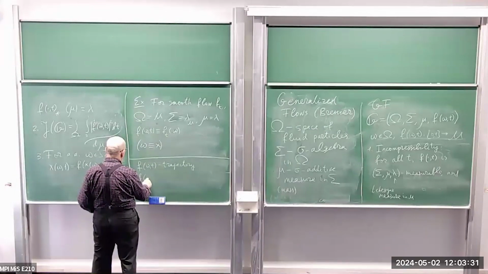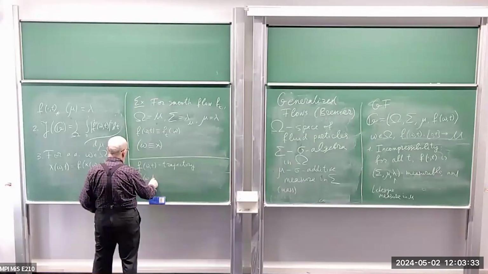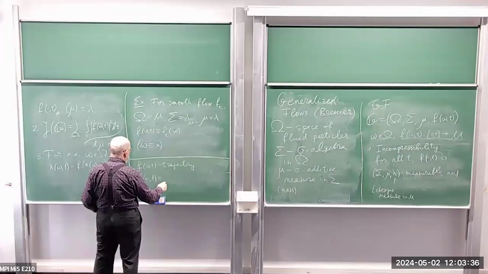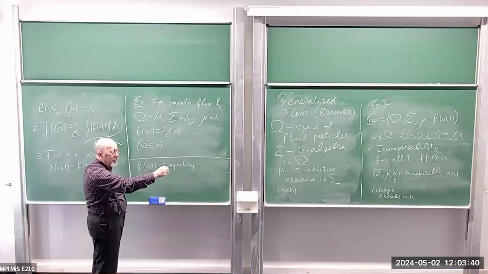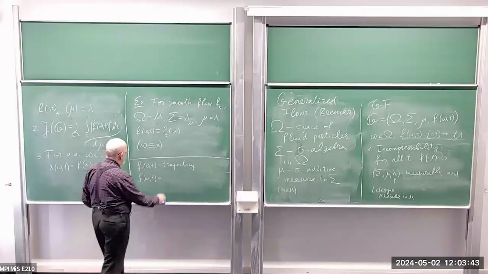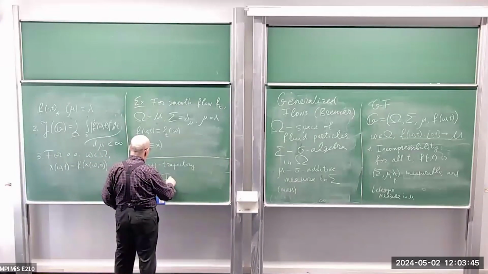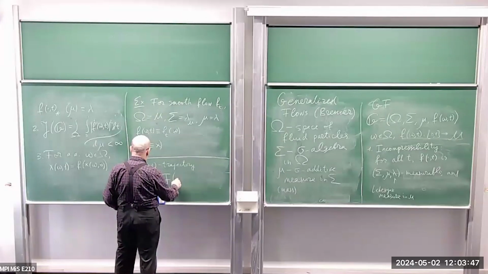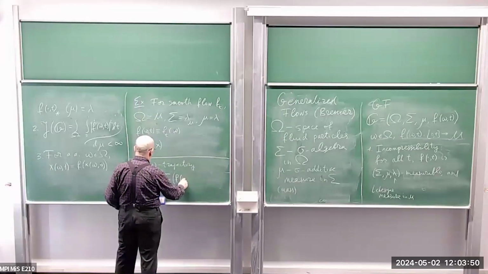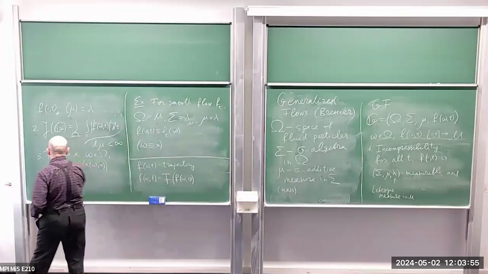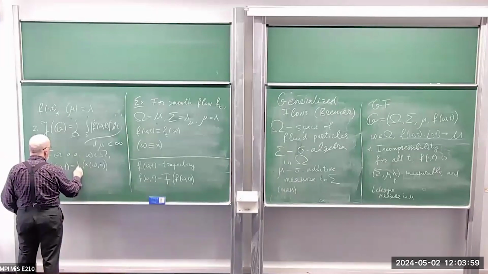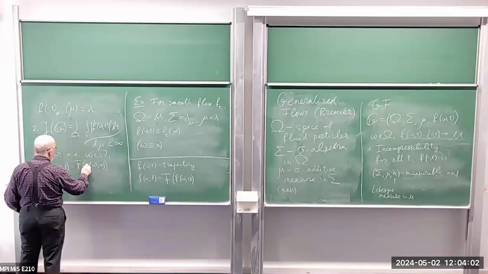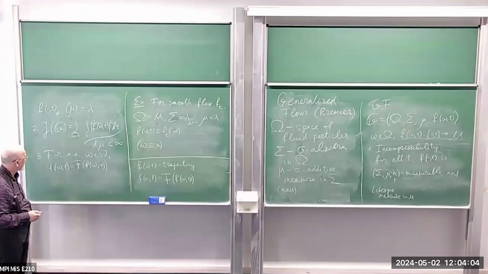F of omega 1 equals, we have to introduce some other letter for the final configuration. Let me use capital F of omega z.